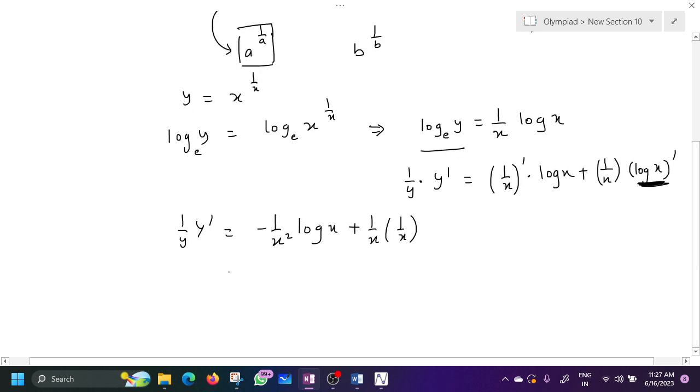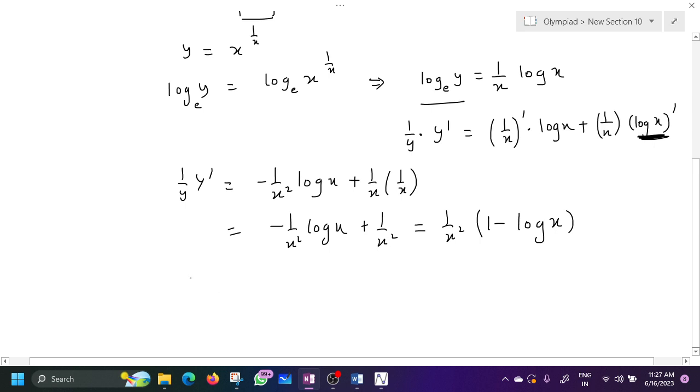So now you are getting something like minus 1 by x square log x plus 1 by x square, or you can take 1 by x square common, so you will get 1 minus log x inside the bracket.